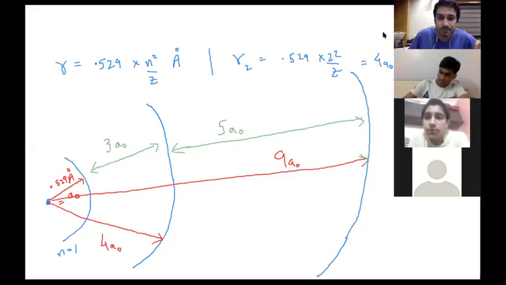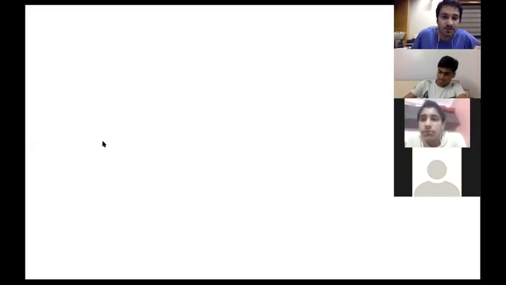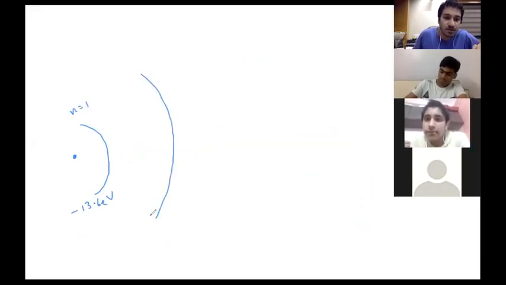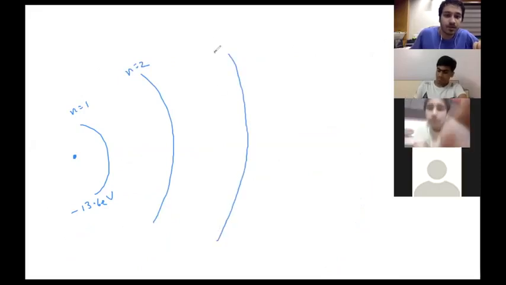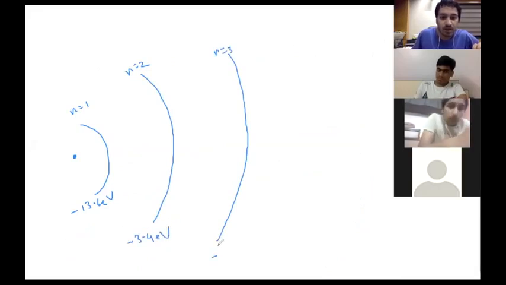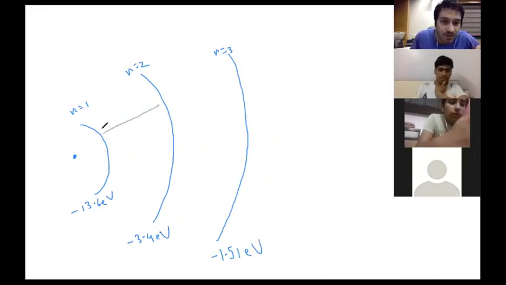Again, taking the hydrogen atom as reference, another thing I wanted to emphasize. Minus 13.6 electron volts is the energy of the first orbit. For the second and third orbits, the energies are minus 3.4 electron volts and minus 1.51 electron volts. Notice the difference in energy between the first two: 10.2 electron volts.